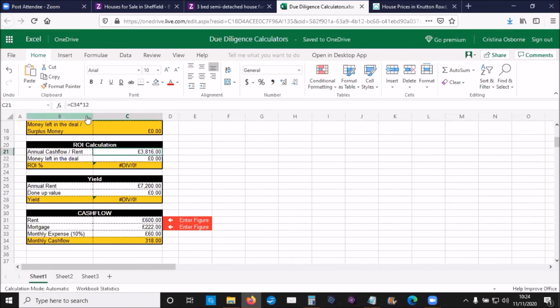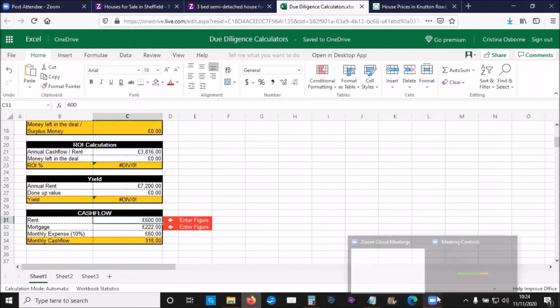The formula is equals C34 multiplied by 12, that is 12 months. So C34 is this one multiplied by 12. That's your cash flow. Whereas the yield will already automatically calculate for you the annual rent. It's not cash flow, just annual rent, which is the box C31 multiplied by 12.